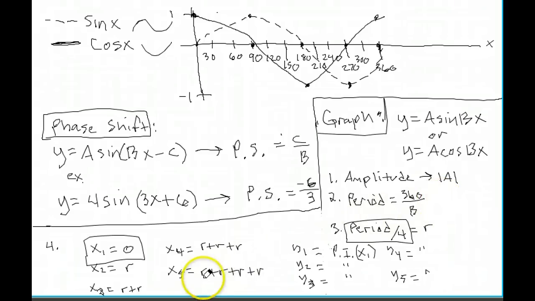So if my period is 360, when I add r to itself 4 times, I should get 360. If your x5 does not match your part 2, then you need to go back and check your work and make sure you're doing the right thing.